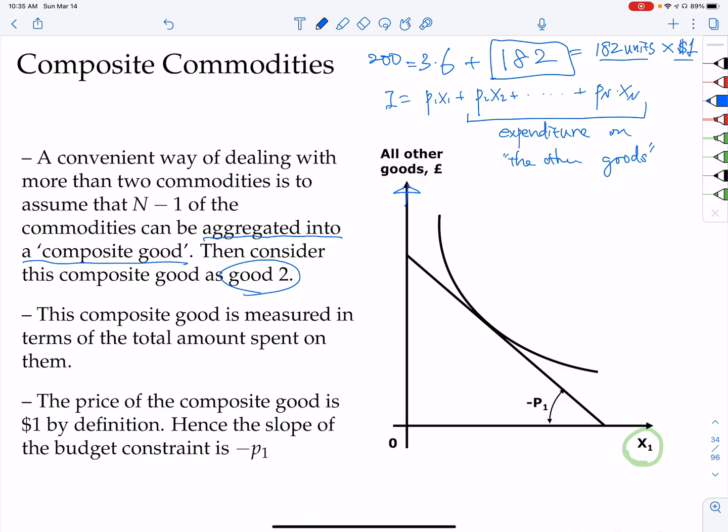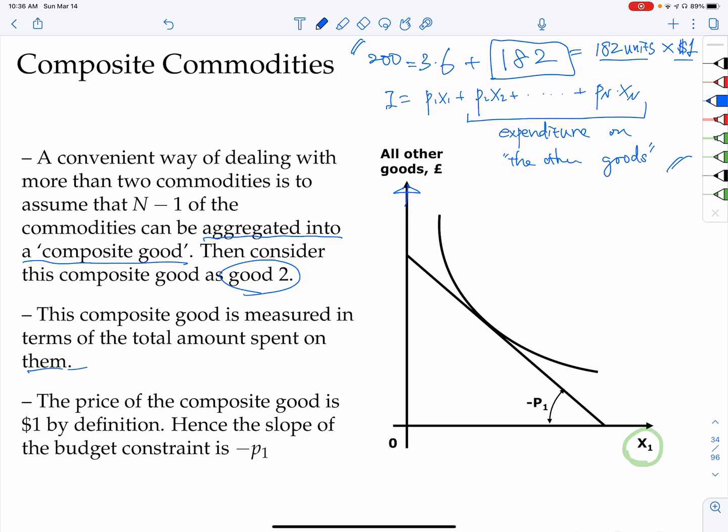This composite good is measured in terms of the total amount spent on them. In this numeric example, $182 was used for the other goods, and we say that I bought 182 units of the composite good at $1. This is just a normalization.